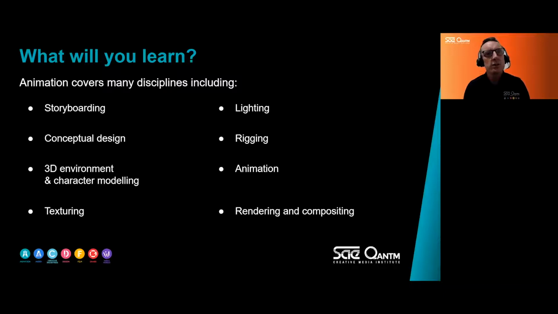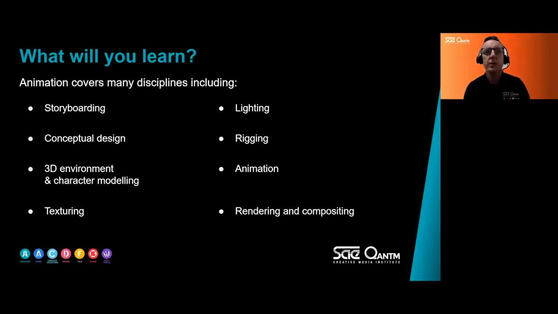For example, to create a quality animation, you need to start out understanding some of those core principles and some of the stages in the pipeline. For example, storyboarding and script writing: you need to get your concepts and ideas down onto paper, hence you'll also create storyboards.